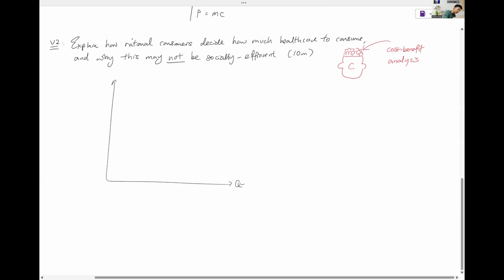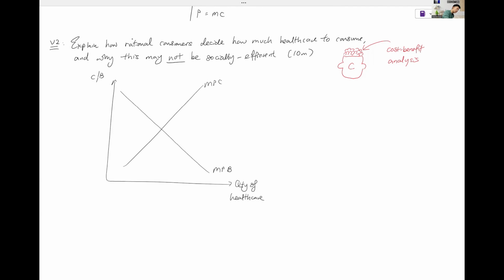Familiar territory. Quantity of healthcare. MPC, MPB. Costs/benefits. Okay. So how rational consumers decide.